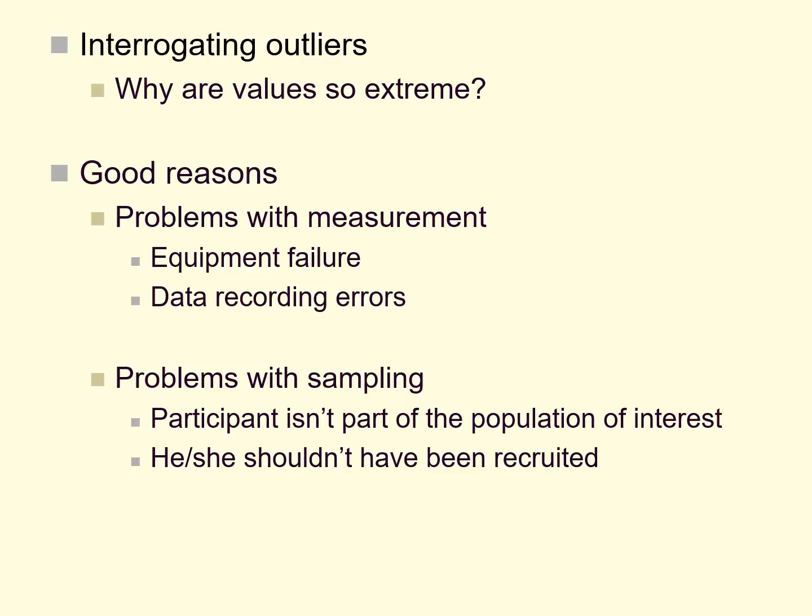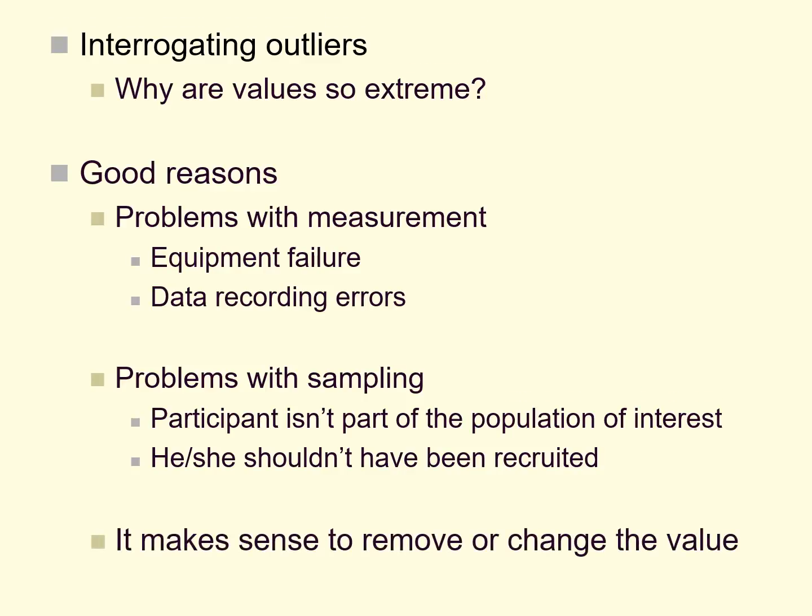It's conceivable that someone was recruited into your study who has a very extreme level of neuroticism because he or she is diagnosably mentally ill, perhaps they have very severe depression, maybe they're not even really a college student, or they're not a college student in the way that you're conceiving of the population of college students. They essentially wandered in, figuratively or literally, into your data set, but they shouldn't be there. And this can actually happen a lot in research settings. You might accidentally recruit someone who really shouldn't be in your study because he or she isn't really a part of the population that you say you're studying.